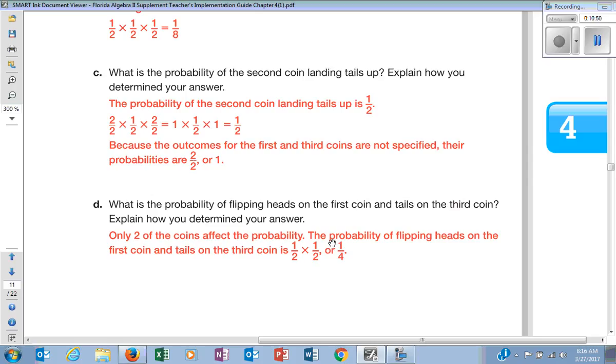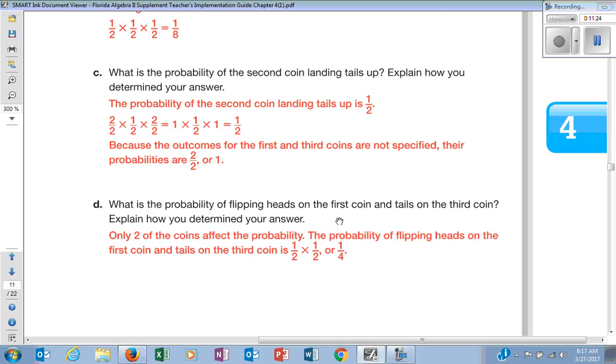It kind of doesn't mention the second point though. It does, right up here. But it's starting to get to where the second coin doesn't matter because its probability is 1. So what's 1 times any number? 1. So right here, I could have done 1/2 times 1 times 1/2, because the second coin doesn't affect the probability.